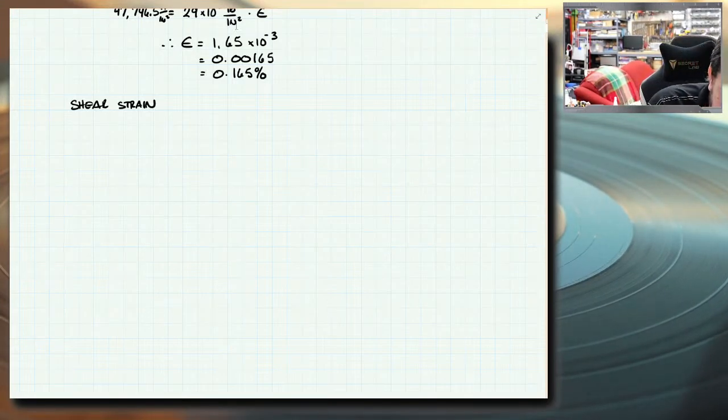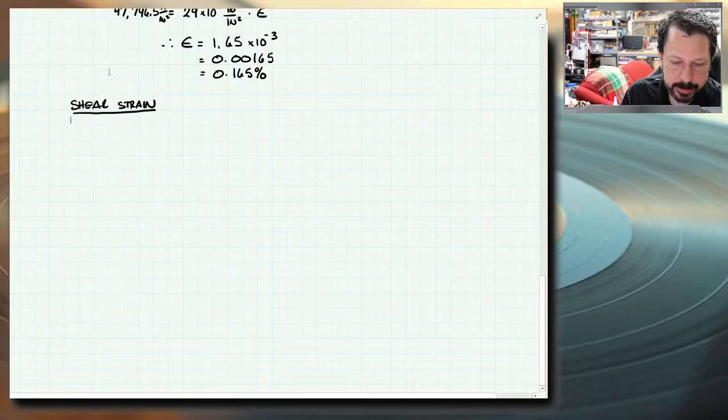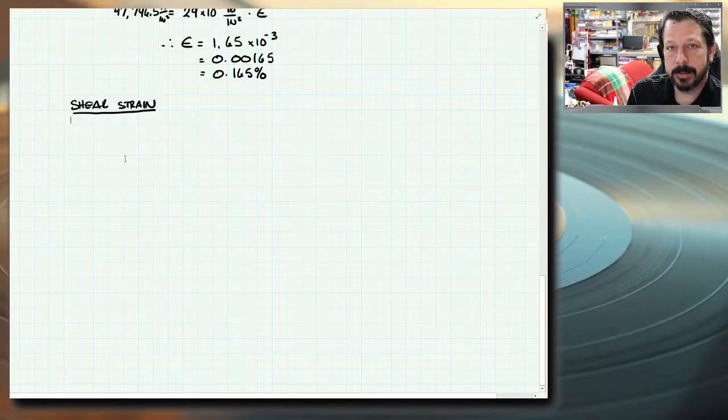All right, shear strain. Shear strain is similar to the idea. Remember, the difference between axial stress and shear stress: axial stress, sometimes we call that normal stress, meant that the force creating the stress was perpendicular or normal to the surface area it was acting on.